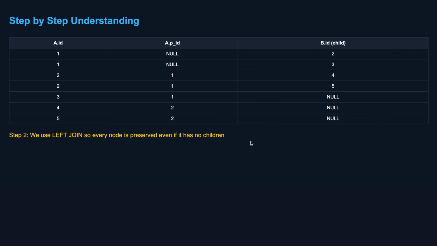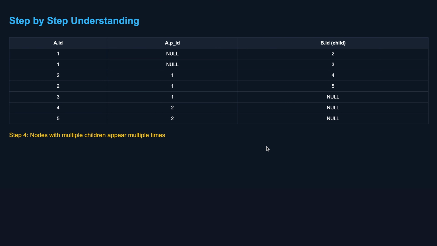Now we define the join condition. We will use a.id equals b.p_id. This means we are matching each node with rows where it appears as a parent, so effectively we are connecting each node to its children. Now let's observe what happens after the join. If a node has multiple children, it will appear multiple times, once for each child.